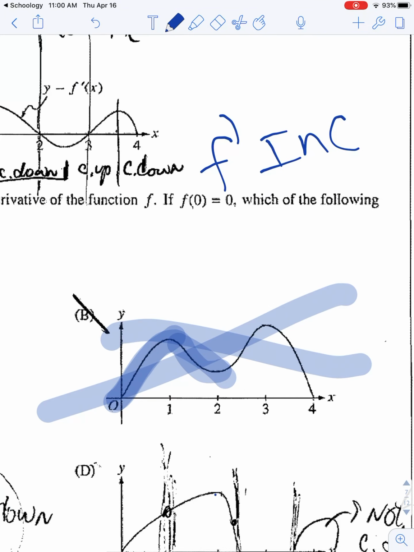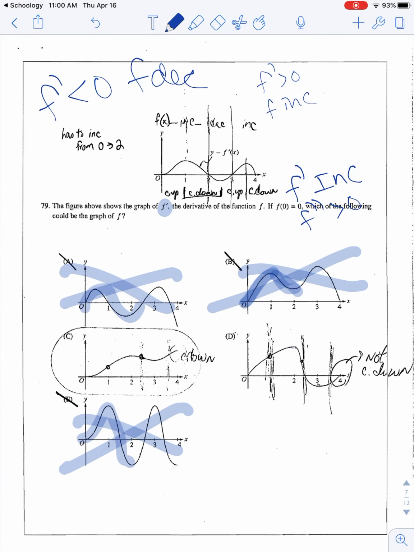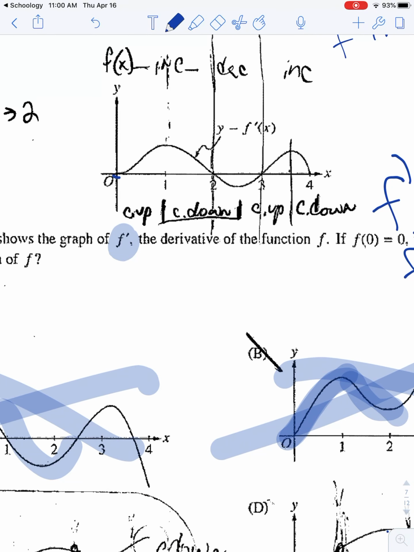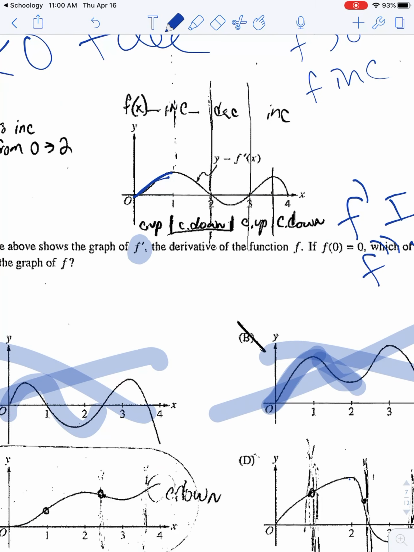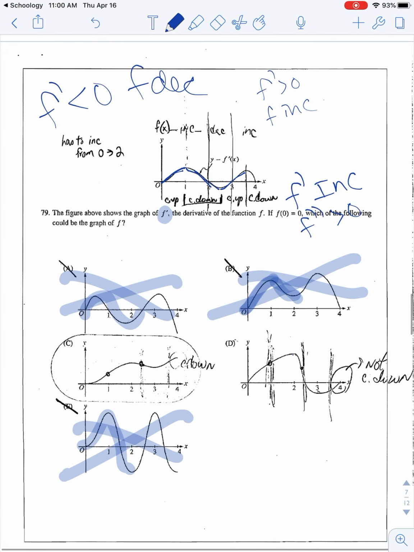If the derivative is increasing, that means the second derivative is positive, which means f is concave up. So where is the derivative increasing? From 0 to 1, it's increasing, which means it has to be concave up. So that's what these little markers are saying here. This is increasing, then it's decreasing, so the function has to be concave down.